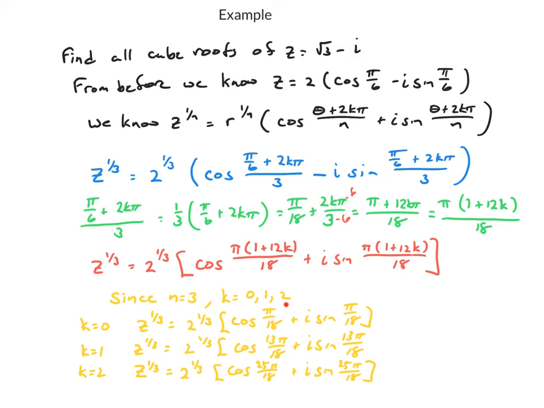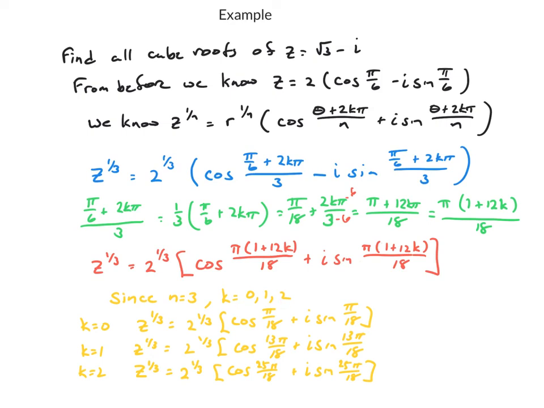You'll always stop at 1 less than whatever n is. So if n was equal to 7, if I wanted the 7th roots, I'd use my expression, but the k values would go from 0 to 6. The expression would be slightly different because instead of dividing by 3, it'd be 7, but you get the idea.